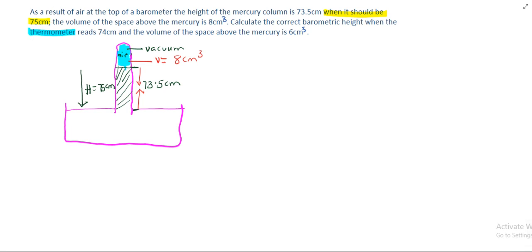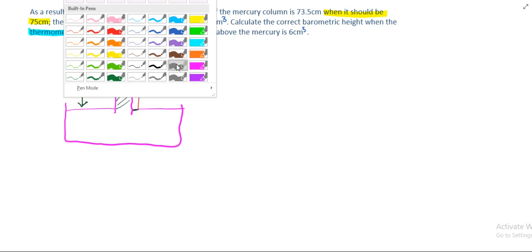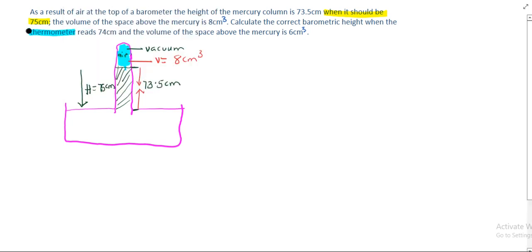Let me check my question again. It's a typographical error; here should be barometer. So calculate the correct barometric height when the barometer reads 74 centimeter.